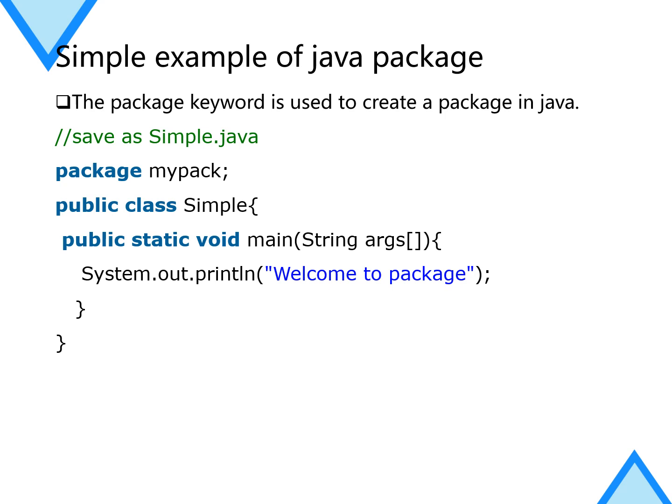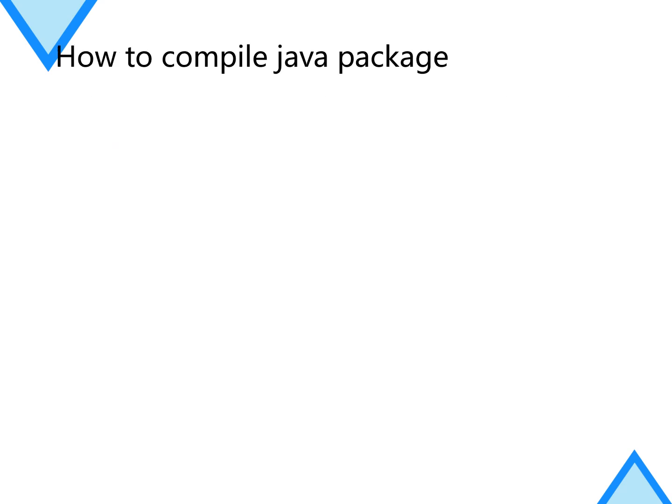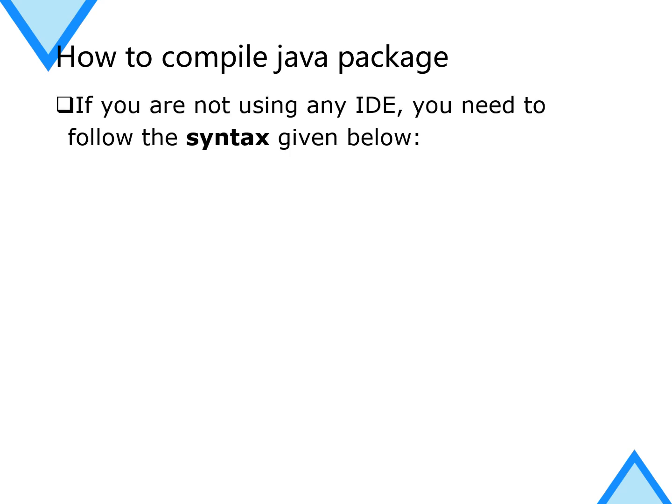In case you do not have any IDE, we already learned in the first class that we can execute the program using DOS. If you are not using any IDE, you need to follow the syntax given below. Whenever we want to compile a program, we write javac and then give the path along with the file name.